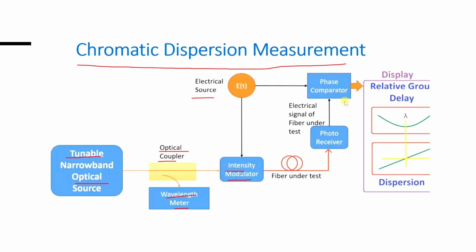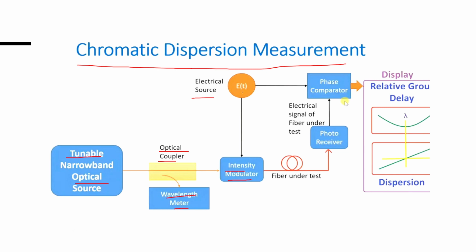So the intensity of the light signal will get modulated with respect to the electrical source, and through the fiber for which we want to measure the dispersion, we will have this fiber here, and the output of the fiber will go to the photoreceiver. Now the function of the photoreceiver is to convert the light signal into the electrical signal, and the output of the photoreceiver will be the electrical signal.